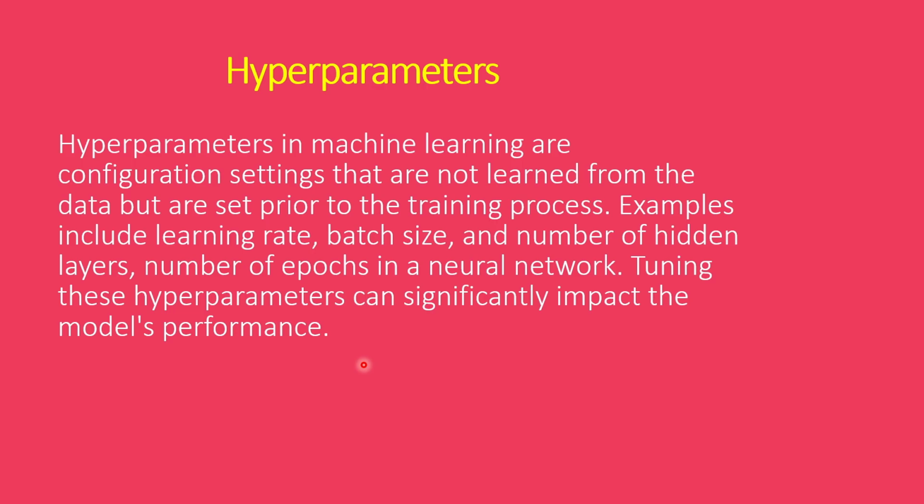Number of epochs, that means the number of iterations that the neural network is going to perform. Tuning these hyperparameters can significantly impact the model performance. That means if you have the best hyperparameters, then the model will have the best performance.